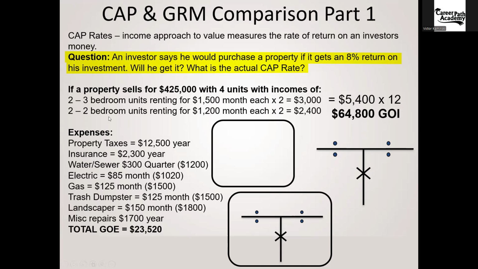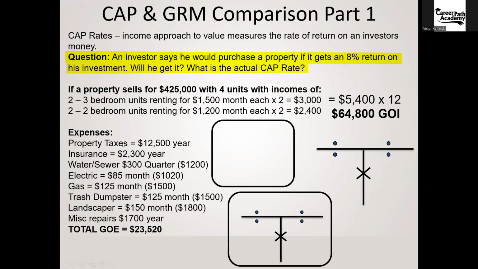And 2 2-bedrooms renting for $1,200 a month each. Yeah, these numbers really got inflated over the last couple of years. So we're not going to get into the reasons as to why right now. We're just going to talk about using these figures to figure out the cap rate.